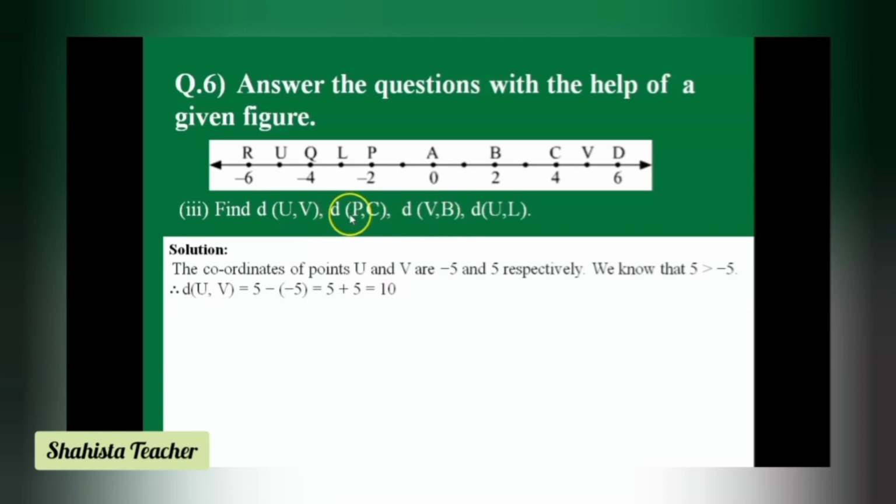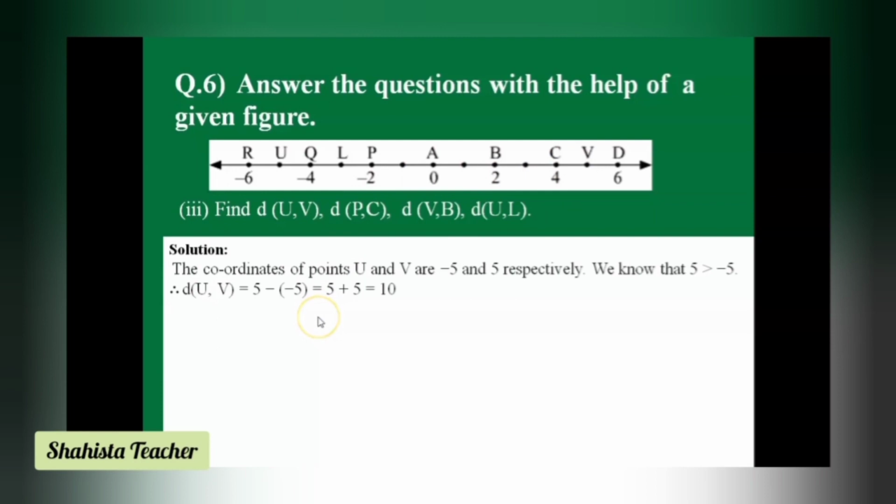So the distance of P to C. Point P represents minus 2 and point C represents 4. So we will write the coordinate of point P is minus 2 and the coordinate of C is positive 4 respectively. We know that positive 4 is greater than minus 2.